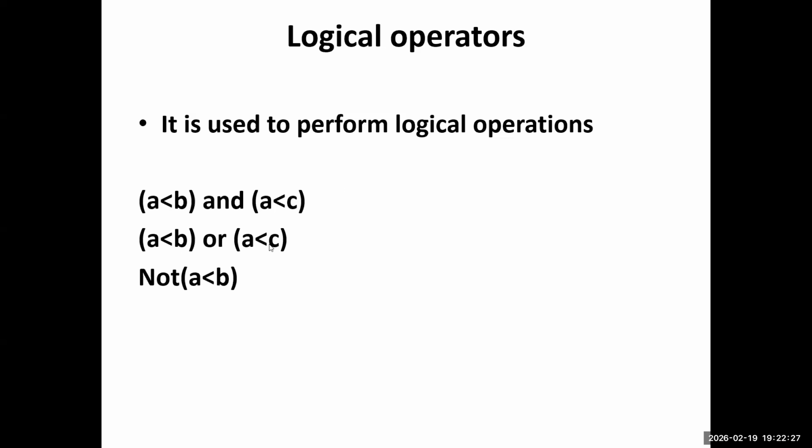If it is OR, then if both the conditions are false, it becomes false. If any one condition is true, it becomes true. If both the conditions are true, it becomes true. So this is what we call OR. Suppose you take A less than B. This is the actual condition.